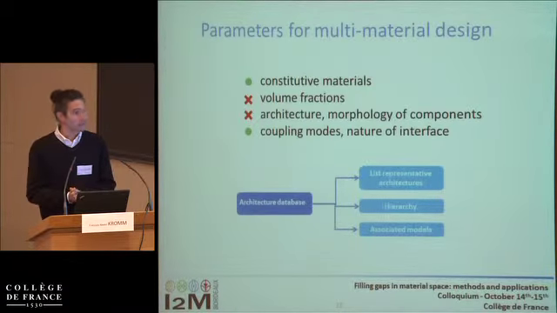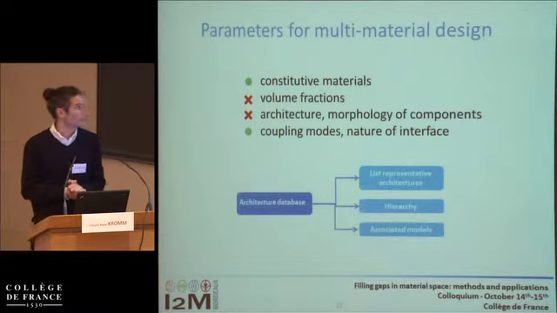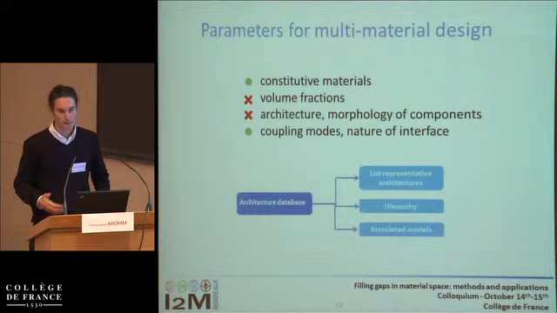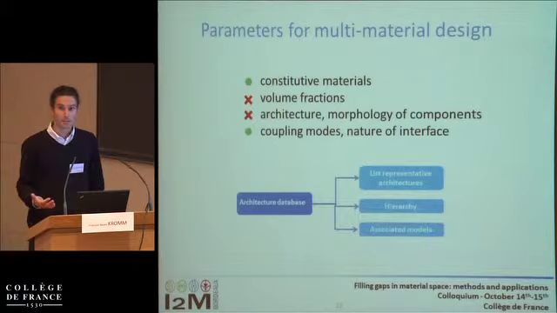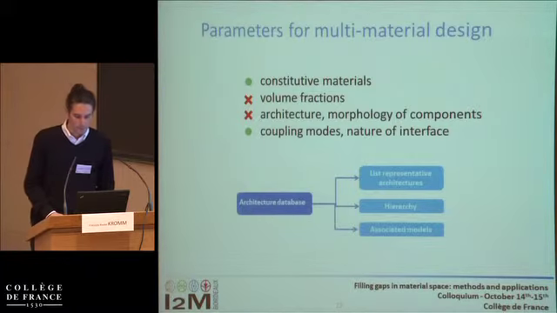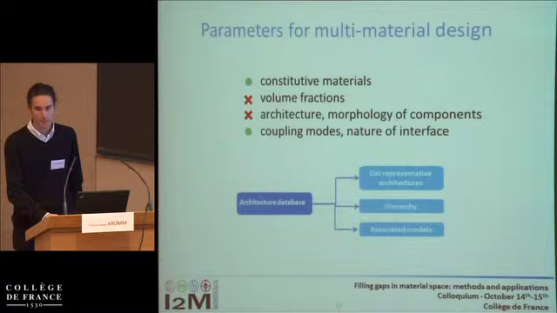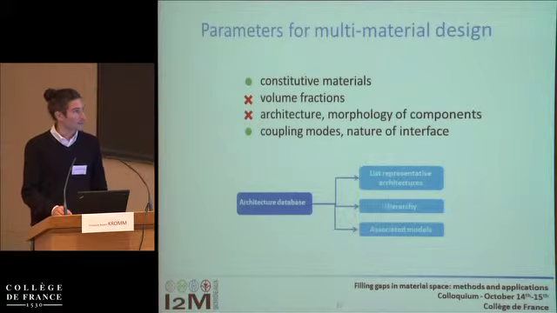This study, which is always under development, begins by the definition of an architecture database, which is not simple because we have to list a representative architecture with the associated models, and we have to make a hierarchy. This is a term that appeared several times today.